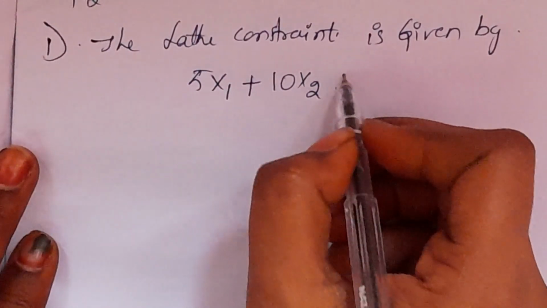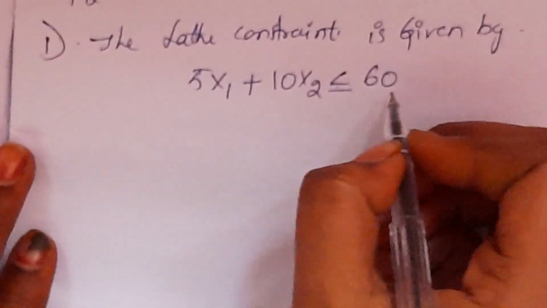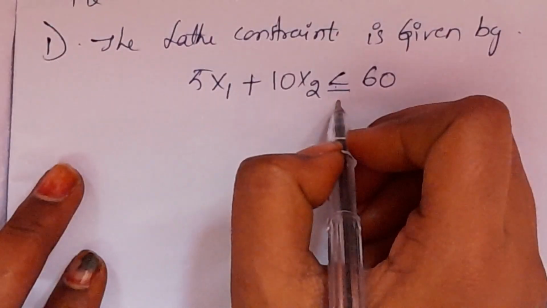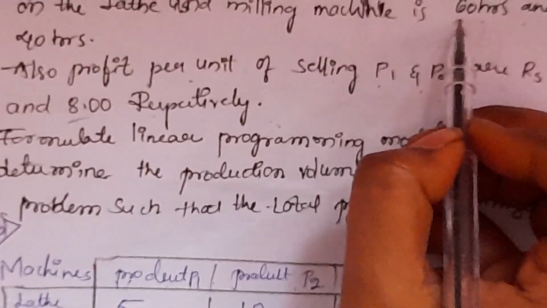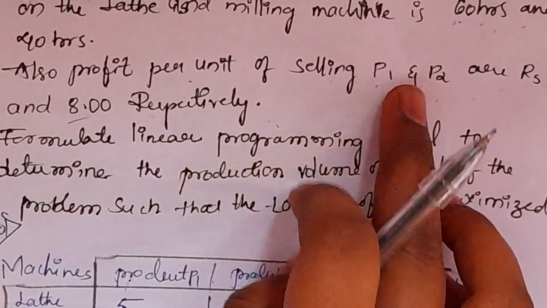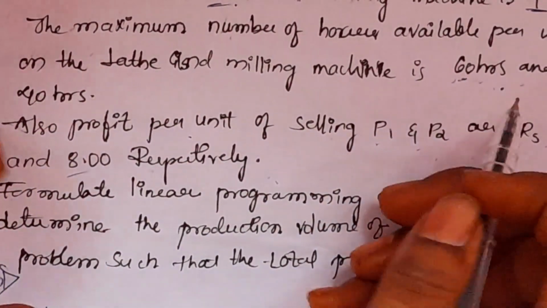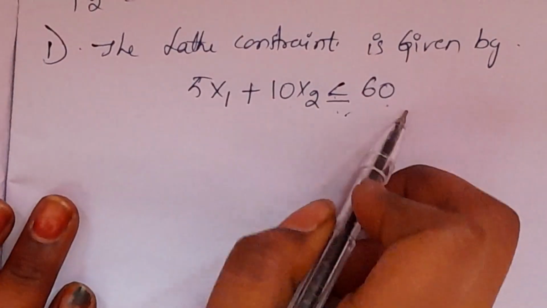The total number of hours it can work is less than or equal to 60 hours. Why are we writing less than or equal to? Because it is given that it can work only 60 hours in a week. That's why we have written 60 hours in a week, and we have to take less than or equal to. Only 60 hours lathe can work in a week. Understand?